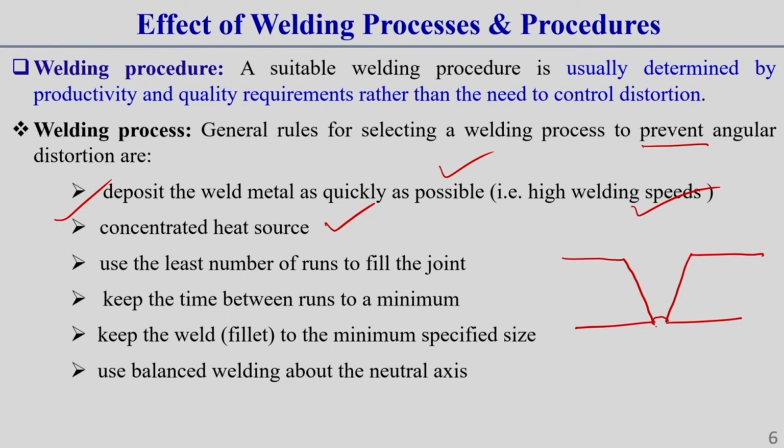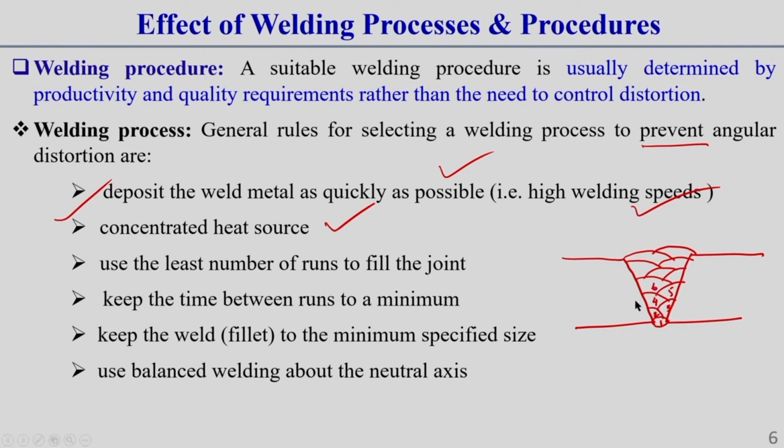Because to fill this gap, different passes are required. Just I am showing, let this be 1 pass, 2 pass, 3 pass, 4 pass, 5 pass, 6 pass, like this. Now, you see, what does this third point tell? It tells us to use the least number of runs to fill the gap.